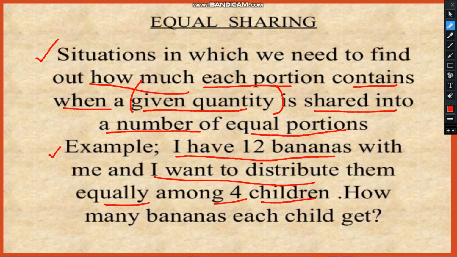So you have to find out how much each will get. Like in this example, the 12 bananas have to be divided among 4 children. So this kind of word problem is equal sharing.